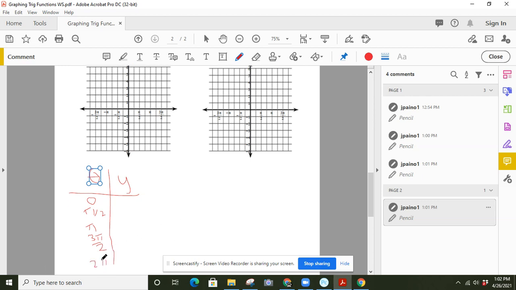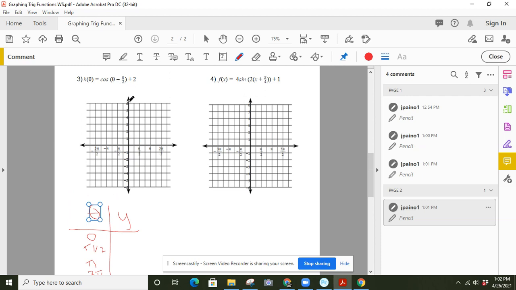So plug all those in. If I plug in 0, 0 minus pi halves, I get negative pi halves. So cosine of negative pi halves is 0, and 0 plus 2 is 2.